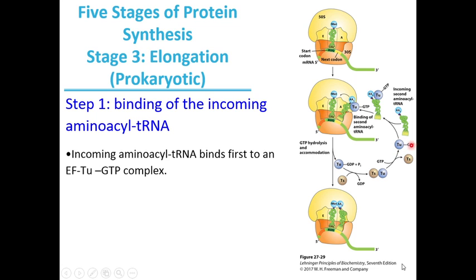A GTP is attached to this elongation factor TU, and this binds the incoming aminoacyl tRNA. Now this aminoacyl tRNA, or AA2, carries the next amino acid that needs to be added to the first amino acid. So the TU-GTP guides this tRNA to the position that is shown as A, and that's where the AA2 harboring aminoacyl tRNA binds.